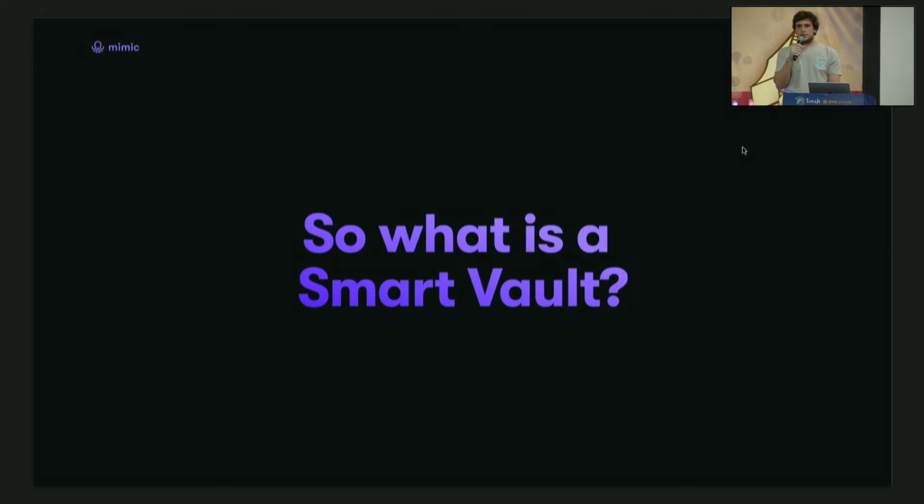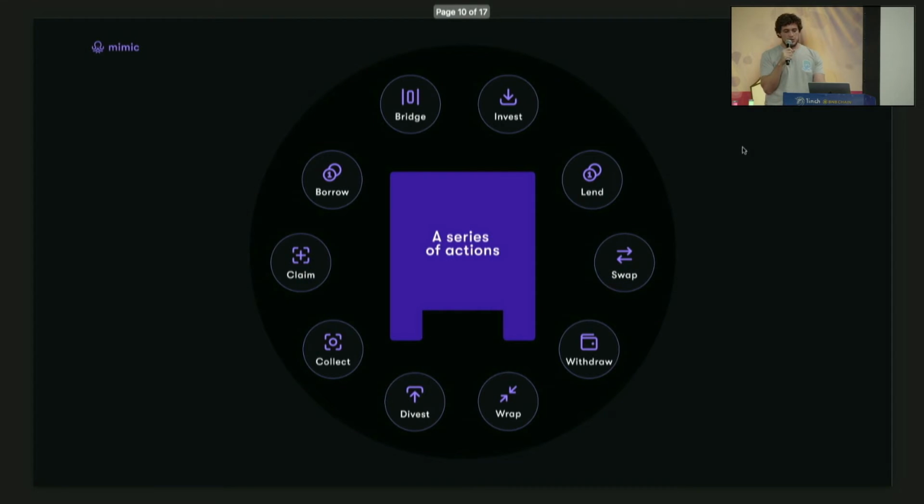So let's go into the details a little bit. What is actually a smart vault? A smart vault is a set of what we call actions. These actions were modeled after learning a lot about, again, the DeFi space. We've seen many projects trying to perform similar operations in the space. And what we did was try to model all these Lego pieces into what we call a smart vault.